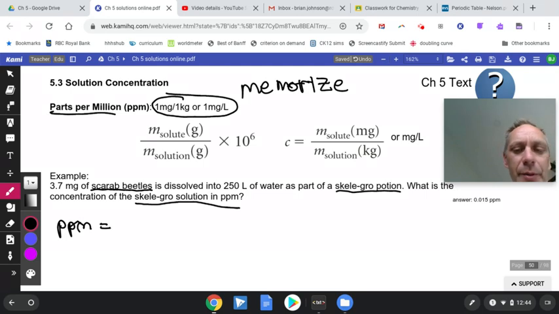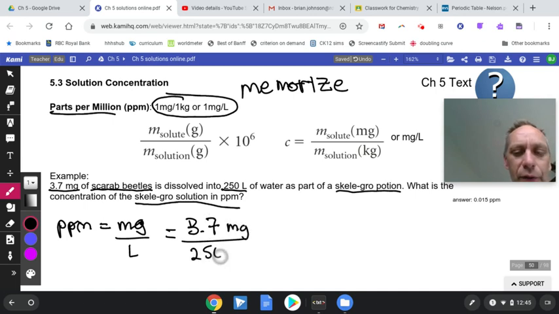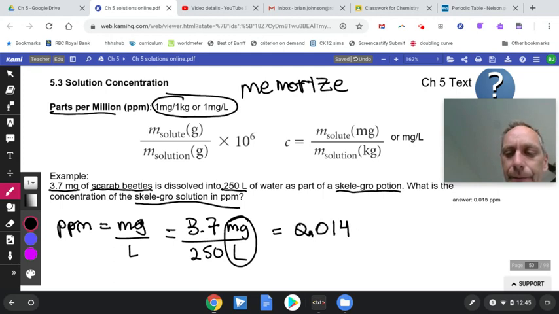So it's either milligrams per kilogram or milligrams per liter. So when I look at the question, they're giving me milligrams and liters. So that's what we will solve for, milligrams per liter. So this one's super easy. Just put in the units where you need them. 3.7 milligrams over 250 liters. Now I've got my units where I want them. 3.7 divided by 250 works out to be 0.0148 milligrams per liter.